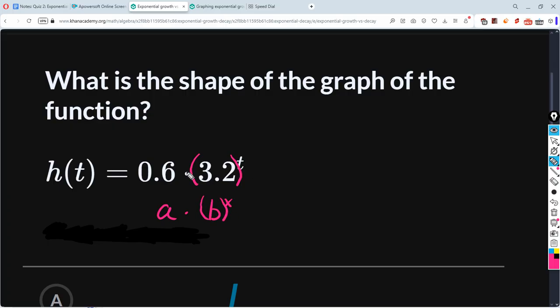Okay, and we said assuming both of these numbers are positive, we said that when b is greater than 1, and 3.2 is definitely greater than 1, that is going to be a growth. Okay, in other words, the function increases.